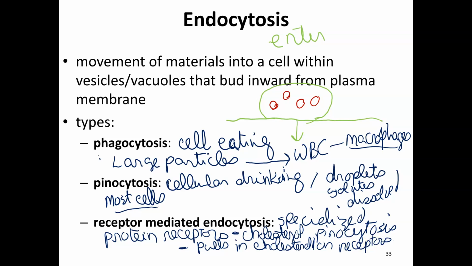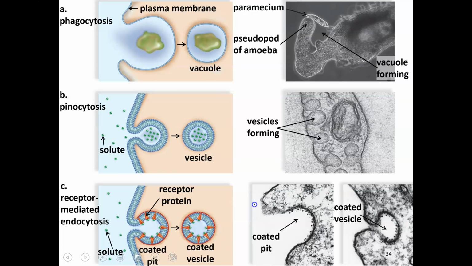And so let's look at what that looks like, okay? So here we have phagocytosis, again, a large plasma membrane surrounds a large structure and pulls it in. That's cellular eating. So over here we're seeing a single-celled organism like a paramecium being eaten by a larger structure known as an amoeba.